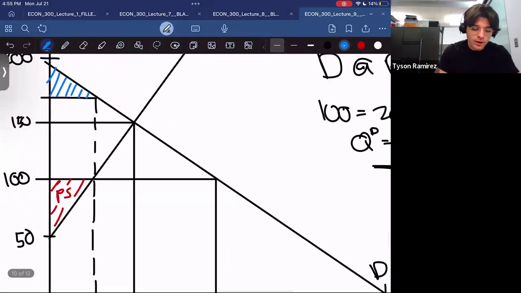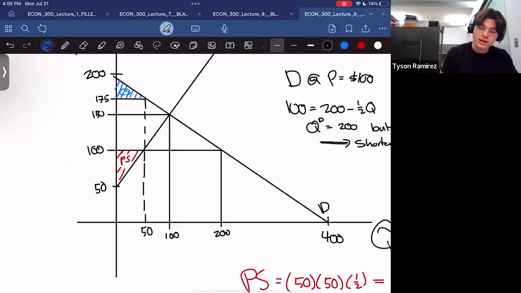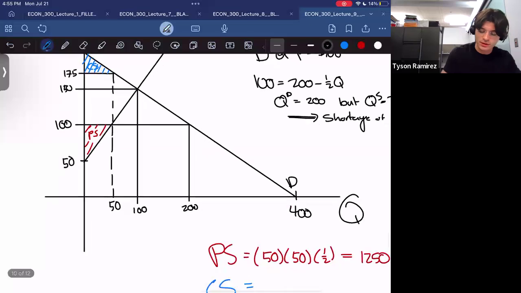So that reduces the consumer surplus to only the blue triangle right there. Not everybody's being served, so we're losing out on a lot of consumer surplus.